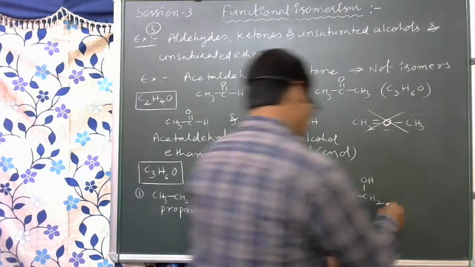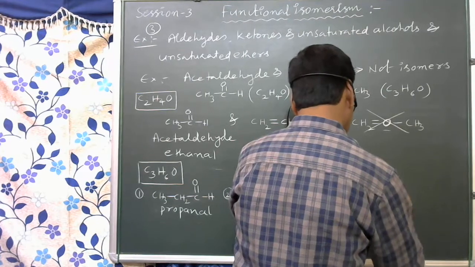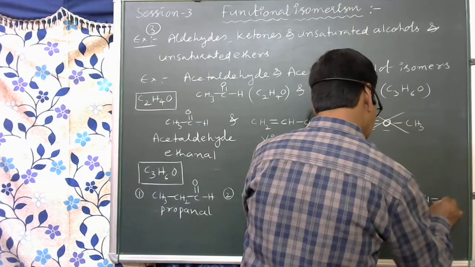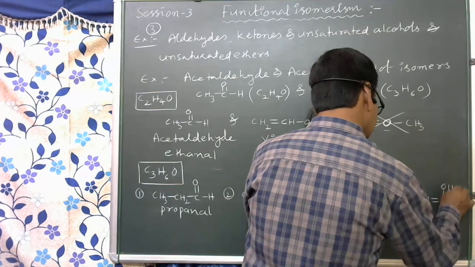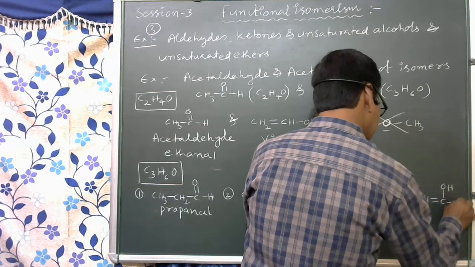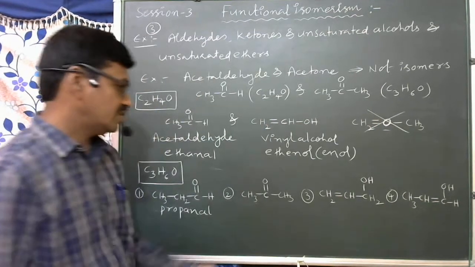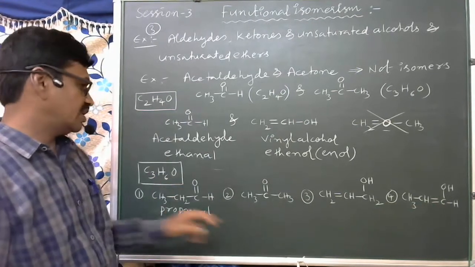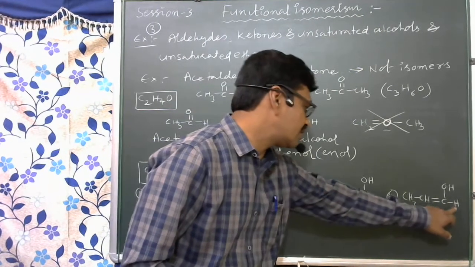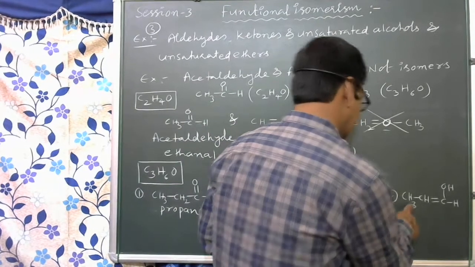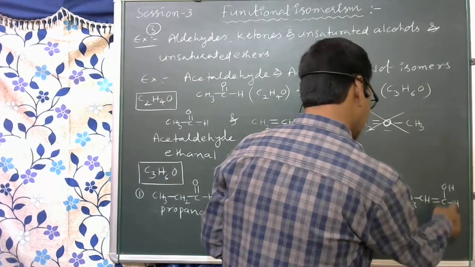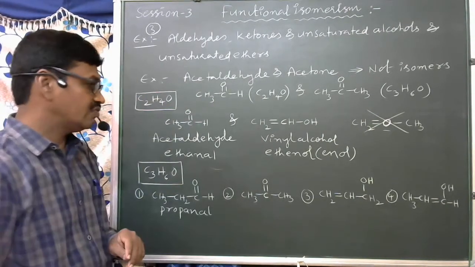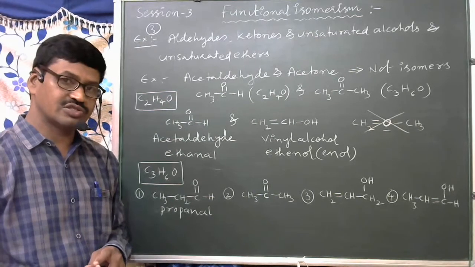And we can write one more also. What is one more? One more unsaturated: CH3-CH=C-OH, then 1, 2, 3 carbons, with 1 hydrogen here. Here, the fourth one has 3 carbons and hydrogens 3 plus 1, 4 plus 1, so 6 hydrogens and 1 oxygen. And we can write even an ether also.